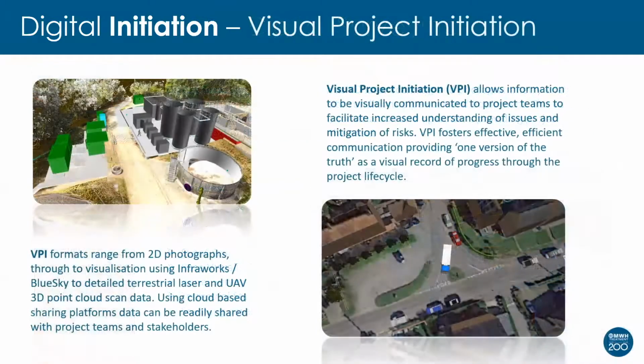So then taking those scans and working them up into visualization. On the top right hand corner there, you can see an image of the site. The sort of grainy image is actually an output from the laser scan. And that's been used to help develop a solution and to visualize what that potential, I mean, in this case, it was a treatment process added onto sewage treatment works.